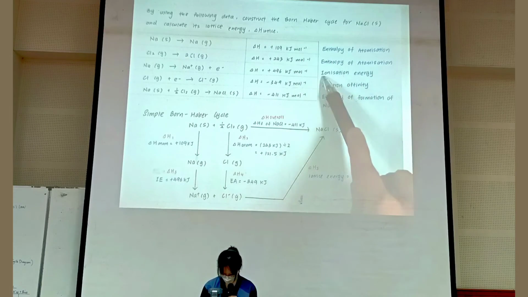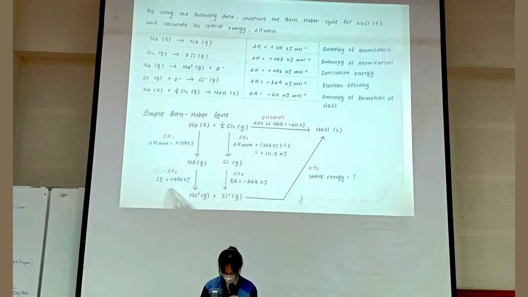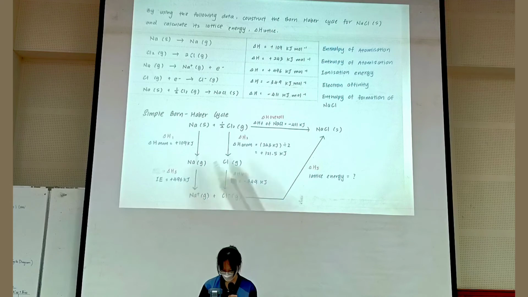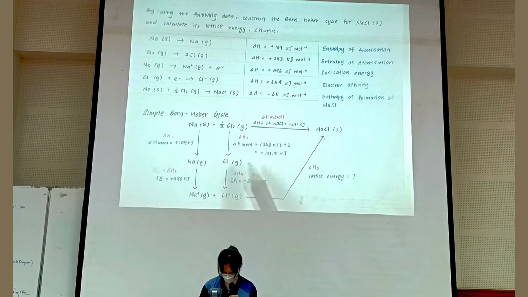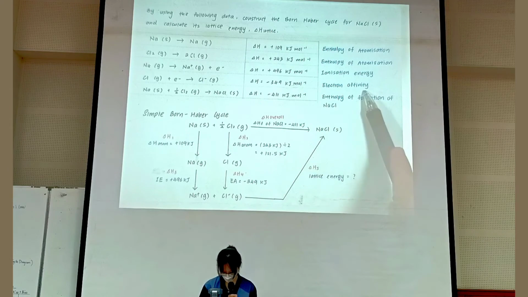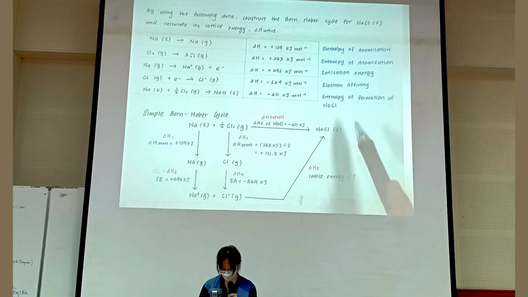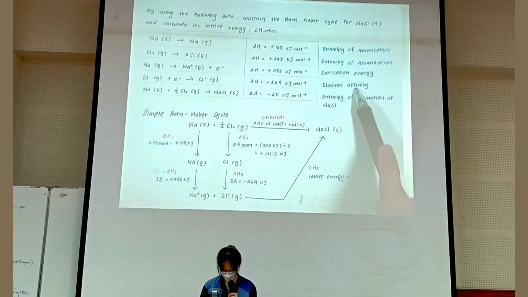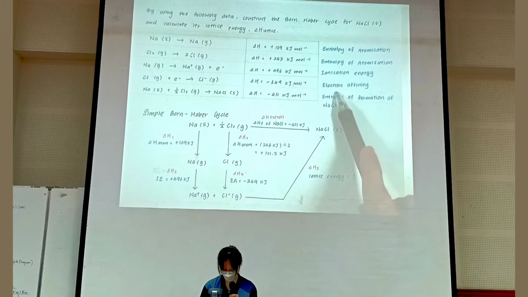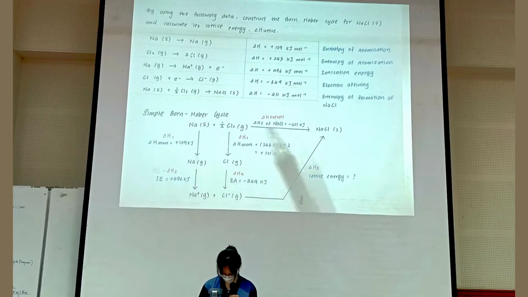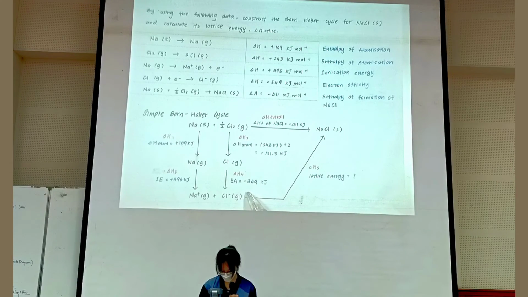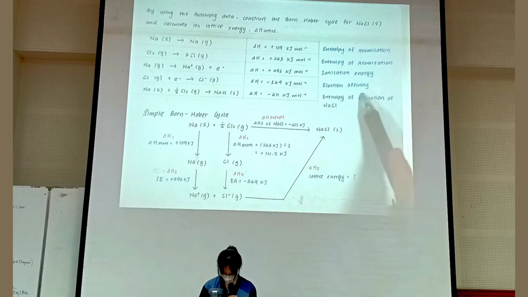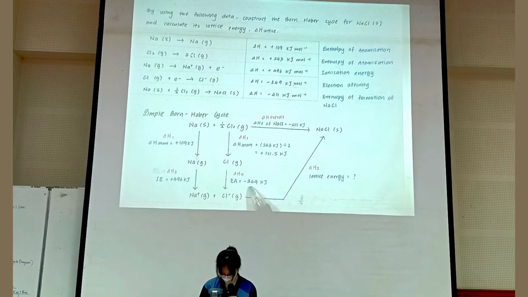So here the ionization energy is positive 496 kilojoule. And if we want to convert the Cl into Cl-, we have to use electron affinity. Electron affinity is the energy change when 1 mole of gaseous atom gains 1 mole of electron. So we use electron affinity, which is negative 349 kilojoule.